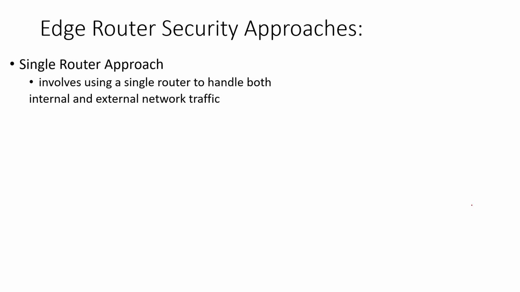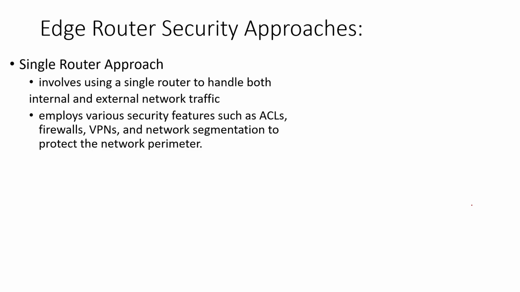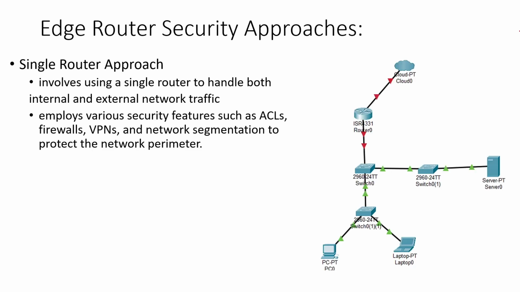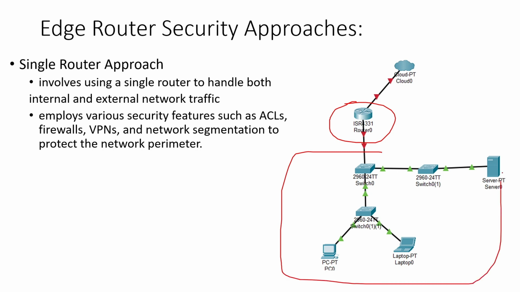So let's say this is your network. There is a single router in here in which it manages all the security for your local network. It manages security for your servers, for your devices, for your end devices.